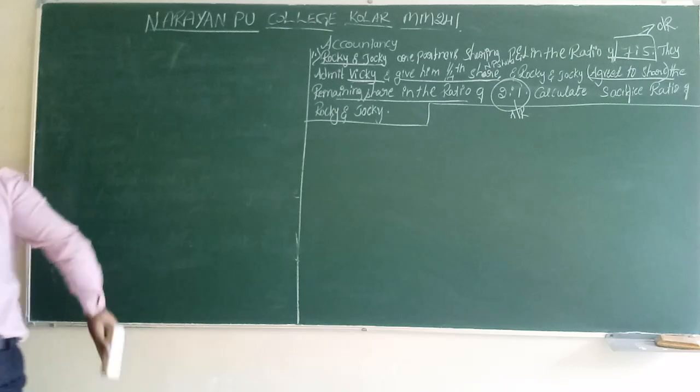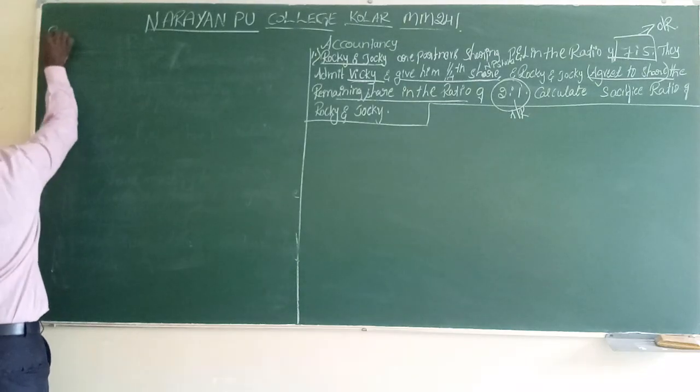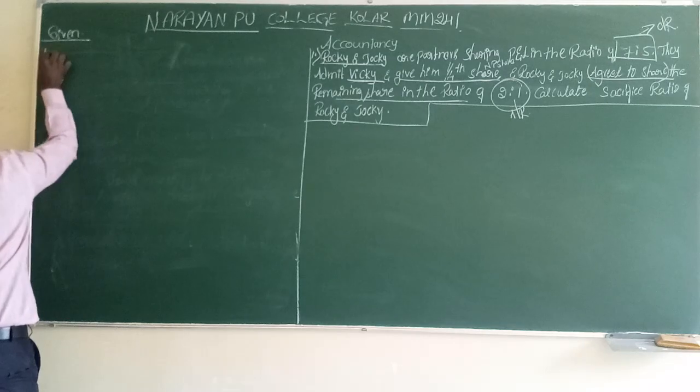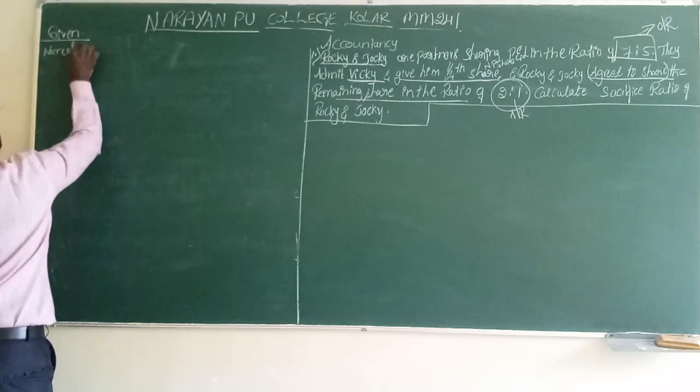First we have to bifurcate the information they are given. First, the names of partners.